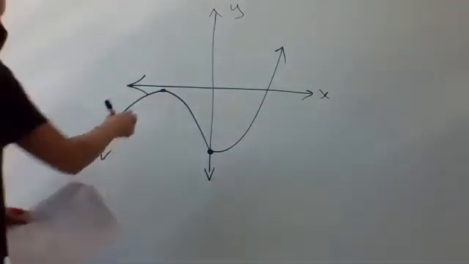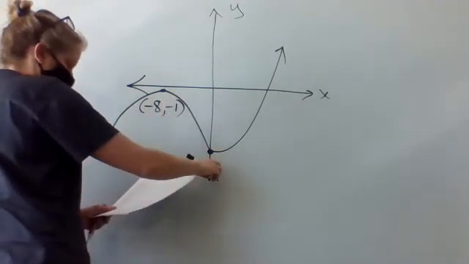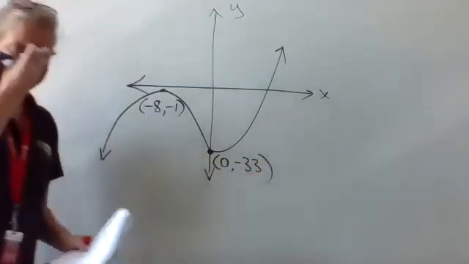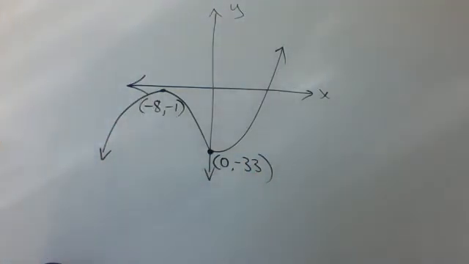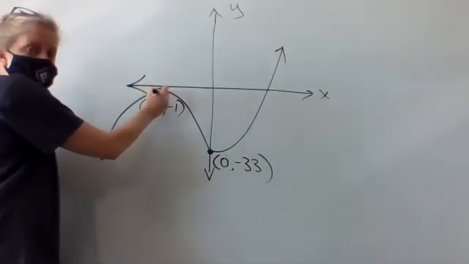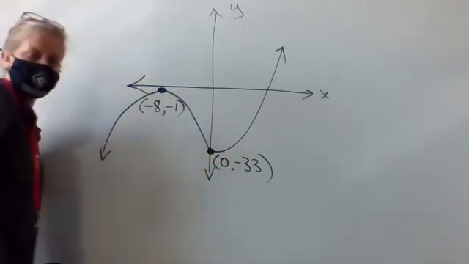And they say this point is at negative 8, negative 1. This point is at 0, negative 33. So this one has a relative maximum here, and a minimum here.